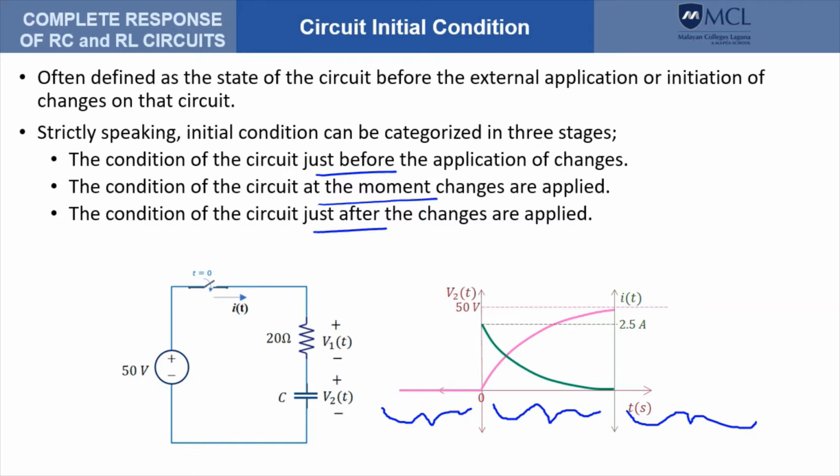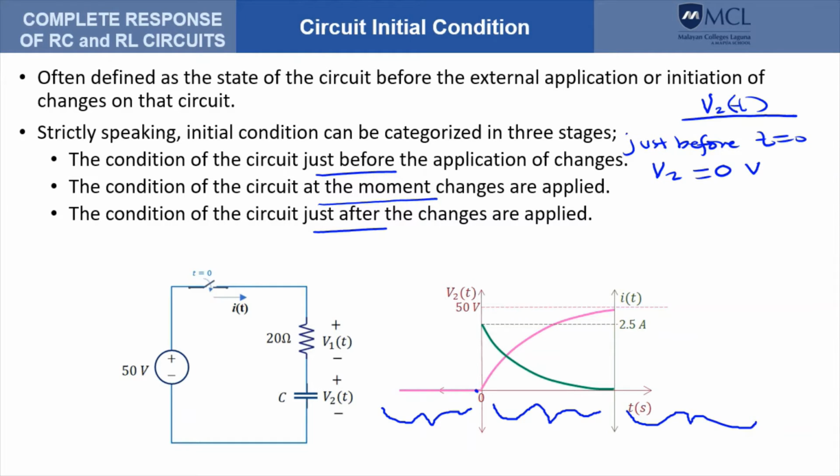Let's, for example, take the voltage V2. We know this voltage to be a function of time. Just before t equals 0, we know the voltage to be 0 here, right? So just before t equals 0, our V2 would be equal to 0 volts.